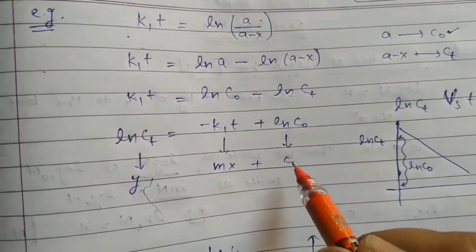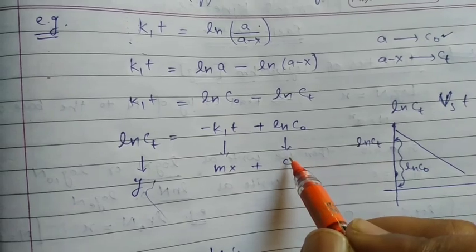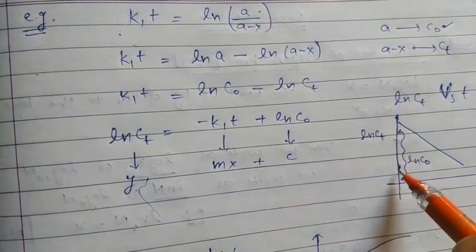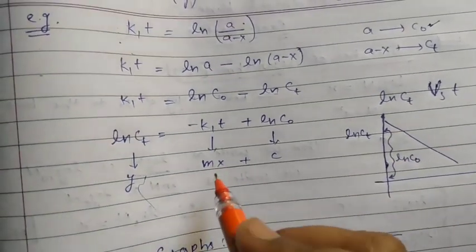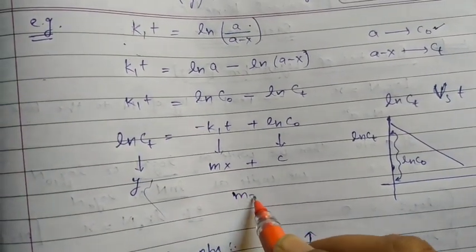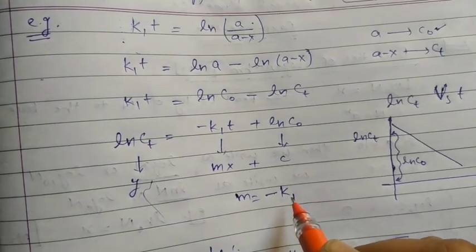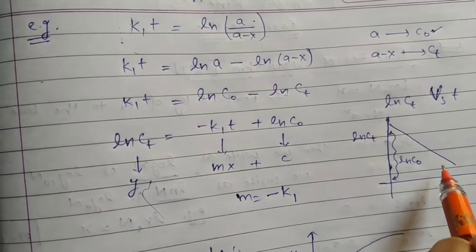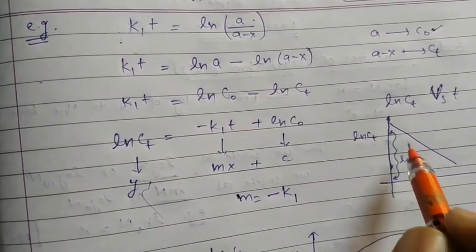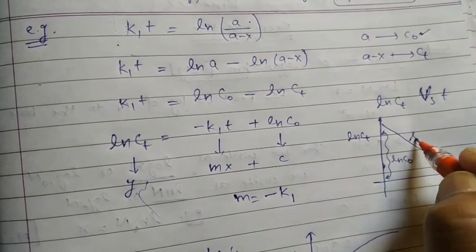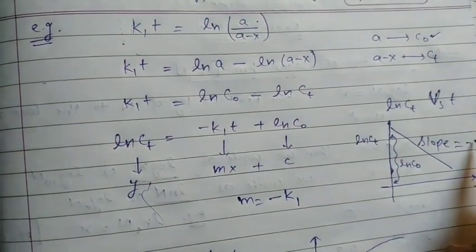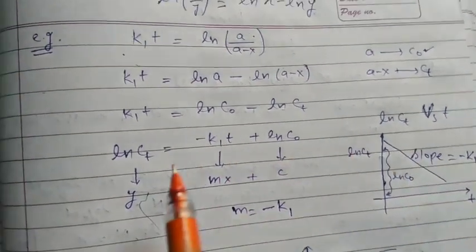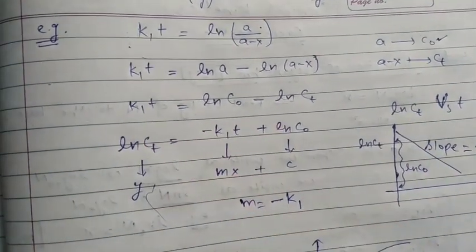So the value of the intercept, meaning the value of c here, is ln c naught. This will represent the intercept on the y-axis, and here the value of m is minus k1. So our slope is negative in this equation. So the line will be like this with negative slope, and the value of slope for this equation is minus k1. So this is how we will draw the graph for this particular equation.